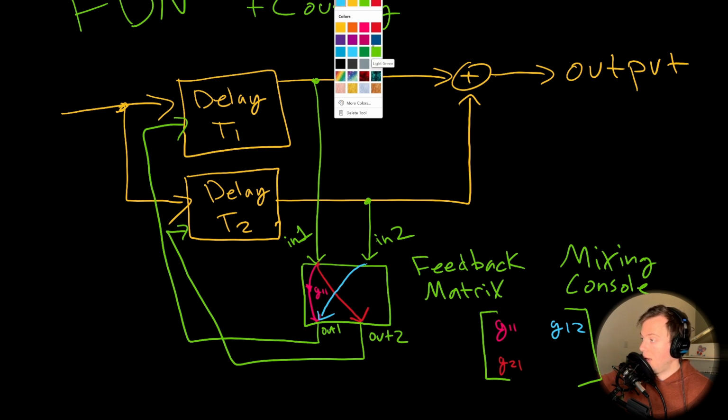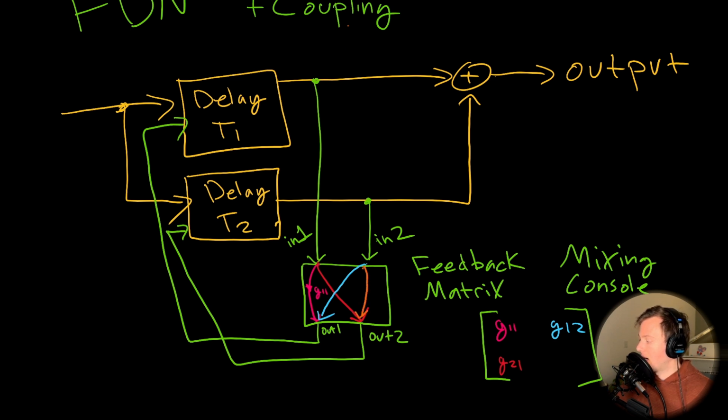And lastly, we'll have the final possible connection, which is the second input to the second output, and that's G22. So it's really not that complicated. It's just 2 inputs, 2 outputs, multiplying them by different values. And then, of course, the outputs sum together these 2 different connections. And that's what gets fed back into our delay lines, respectively.